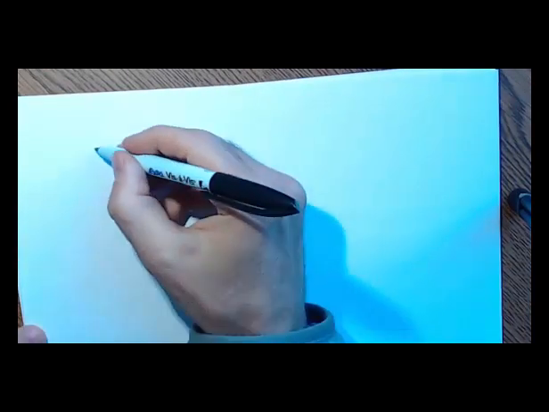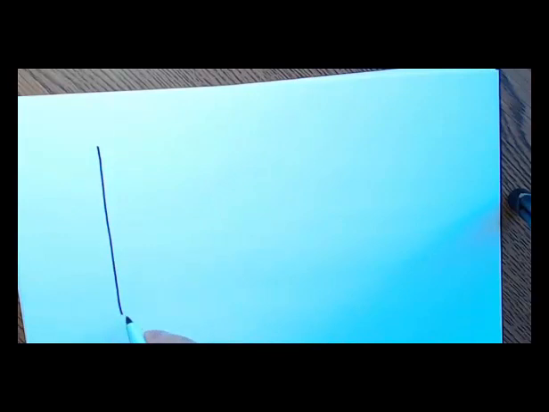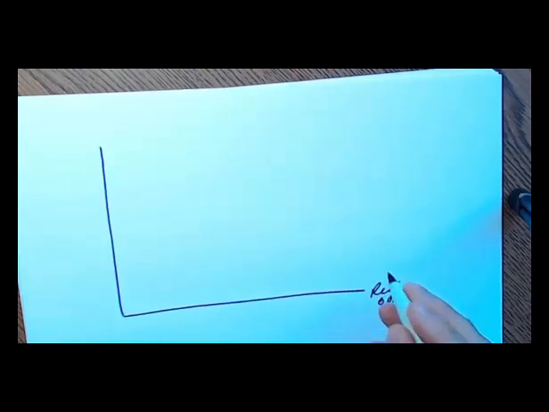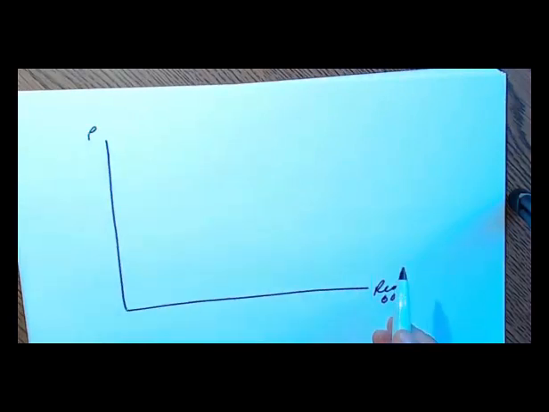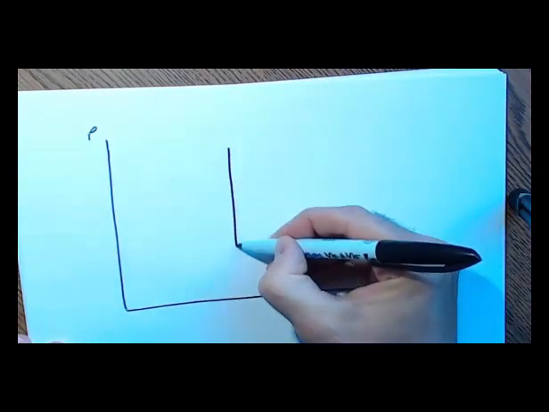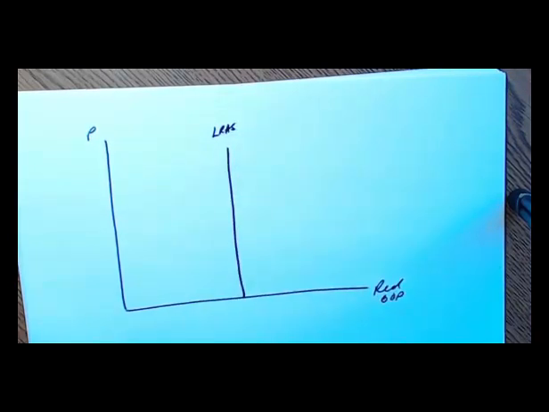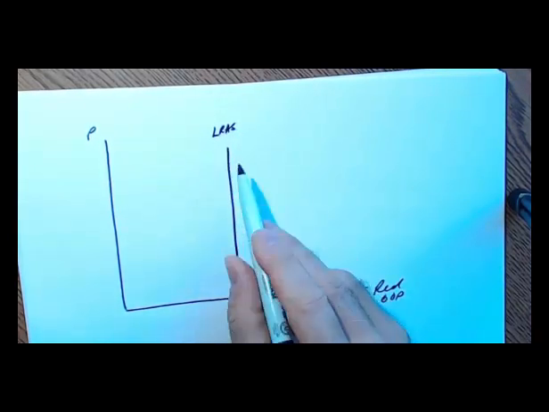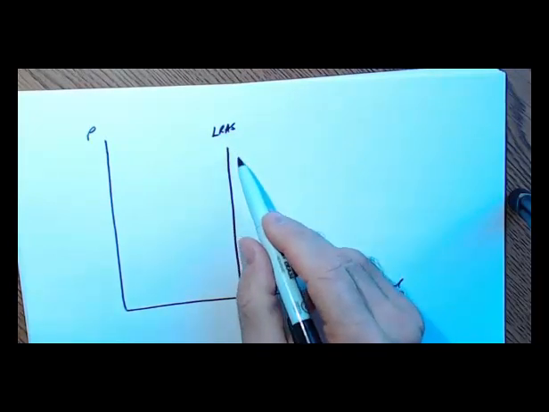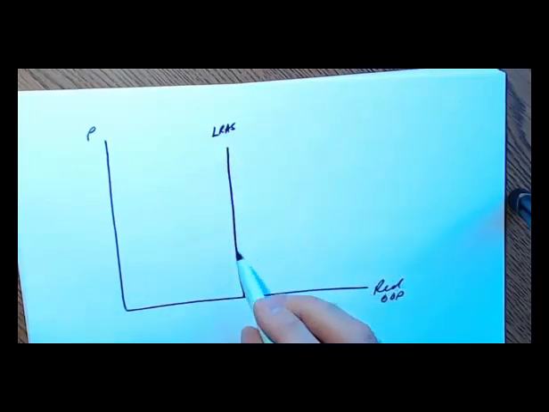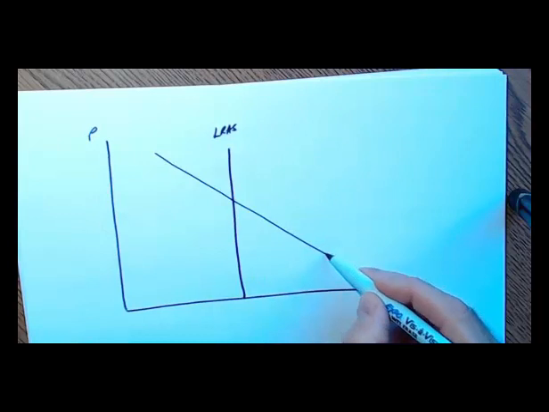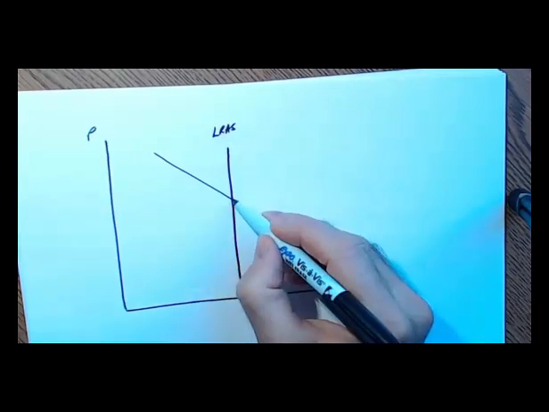So let's look at an example. Real GDP, price level. Here we have the long-run aggregate supply curve. So the prices are perfectly flexible. Everything is flexible in the long run. And so we have an aggregate demand curve 1.